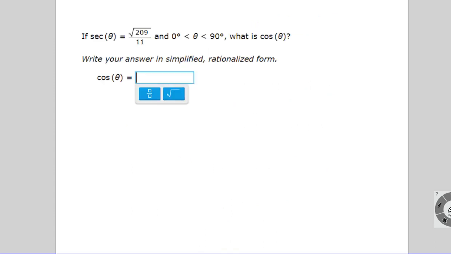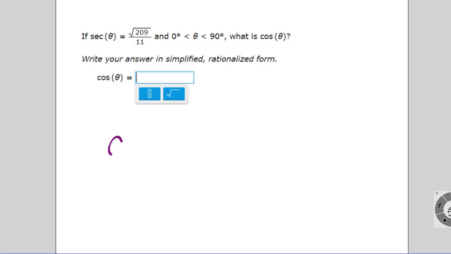Okay, and here we are, right? If secant theta is equal to the square root of 209 over 11, what is cosine theta? Well, this one's not so bad. What's the relationship between secant and cosine? They're reciprocals of one another, right?